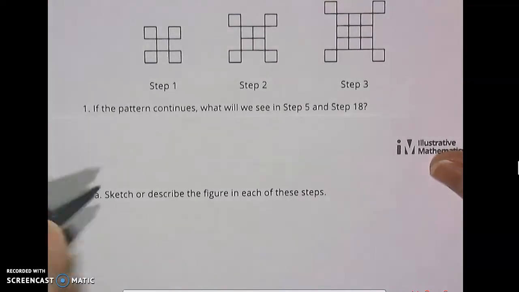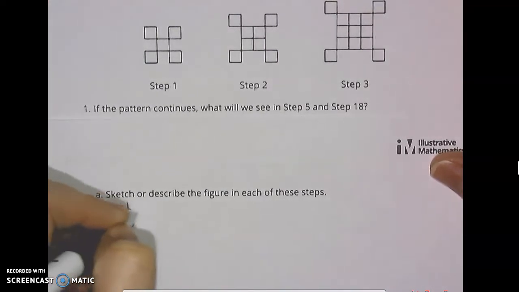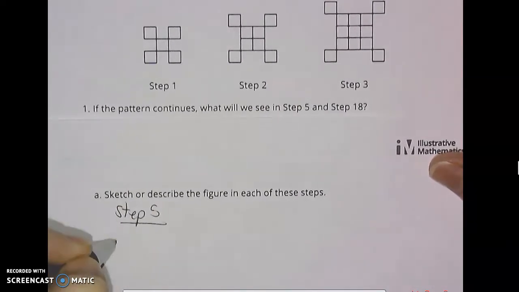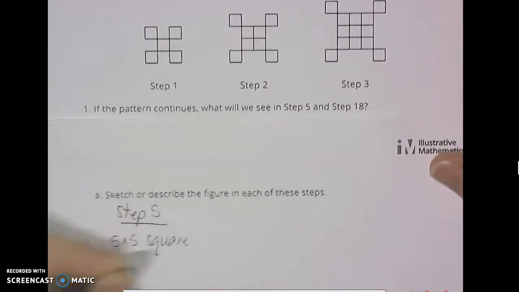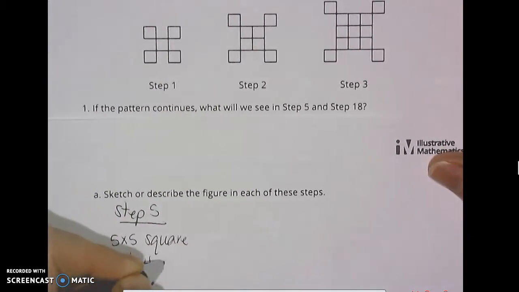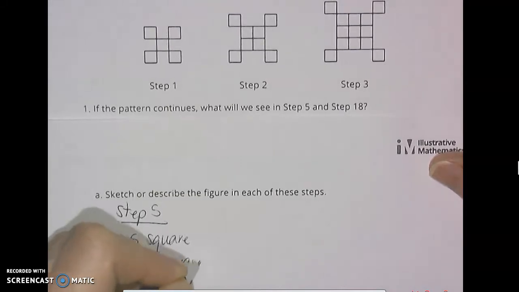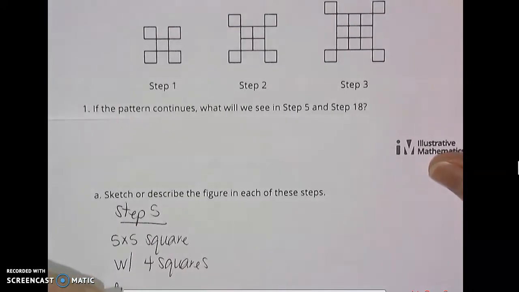So in step 5, we would have a 5 by 5 square with 4 squares surrounding it, or around it.